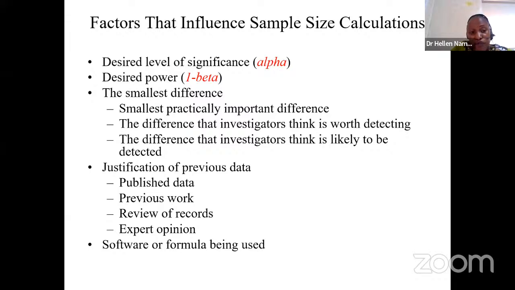Other factors influence some of the calculations that we are going to do in R. We need to understand the desired level of significance, that is our alpha, the probability value, and then the desired power, which is 1 minus beta. Like I've already mentioned, a lot depends on the previous data that is available, as well as the software or the formula that is being used.